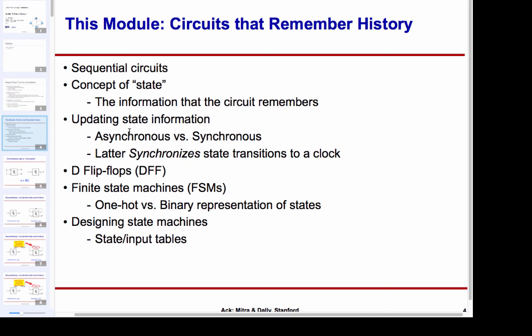But then there is a hierarchy of simpler and simpler computing machines, and among the very simplest is something called a finite state machine, or finite state automata, or a bunch of different names that it goes under. We are going to talk about how we can design state machines. It turns out that all computers that we make, because they are intrinsically finite, are actually no more powerful than a finite state machine.